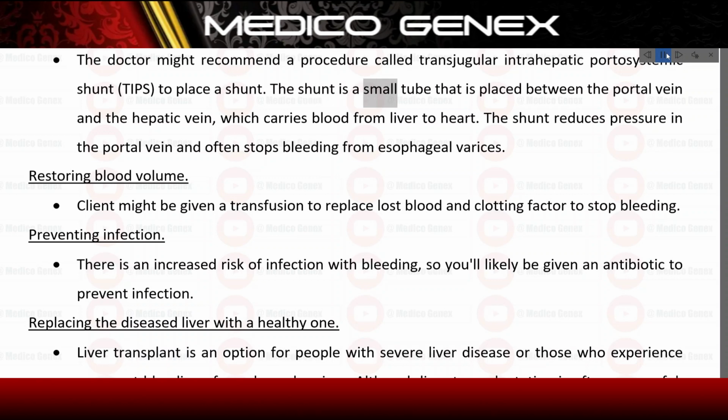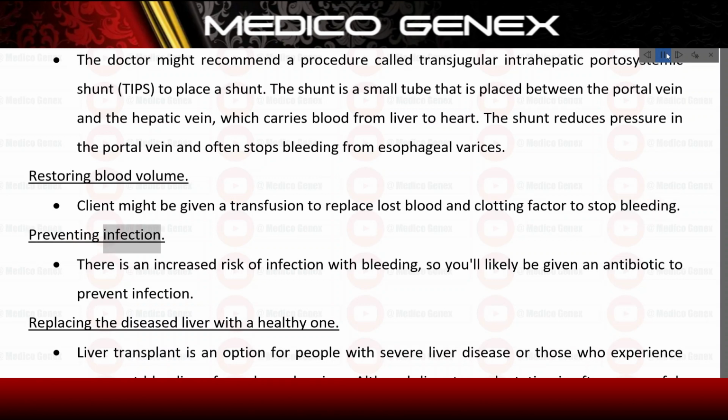The shunt is a small tube that is placed between the portal vein and the hepatic vein, which carries blood from the liver to the heart. The shunt reduces pressure in the portal vein and often stops bleeding from esophageal varices, restoring blood volume. The client might be given a transfusion to replace lost blood and clotting factor to stop bleeding.